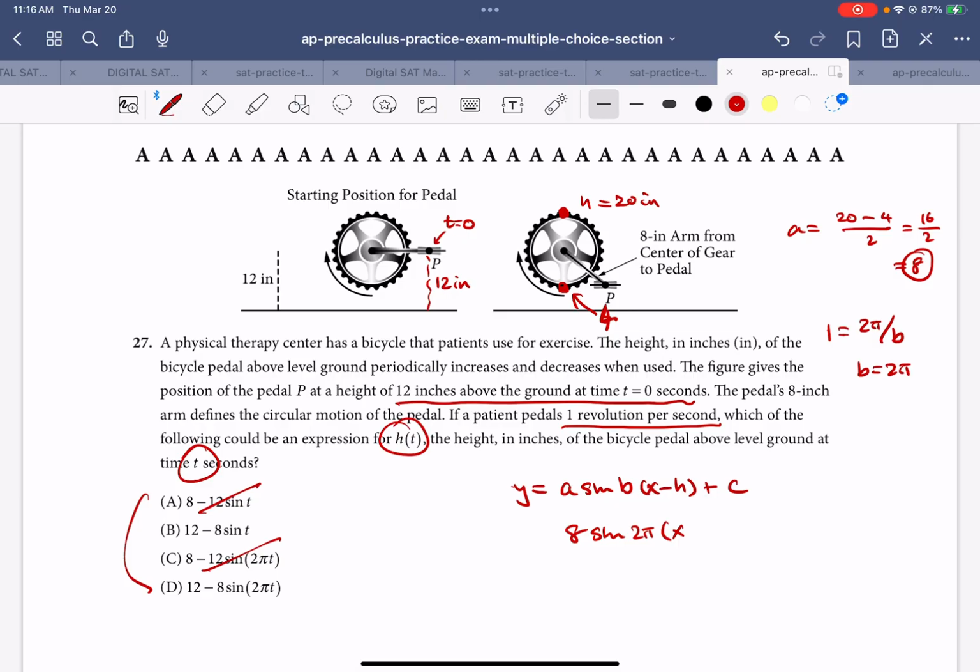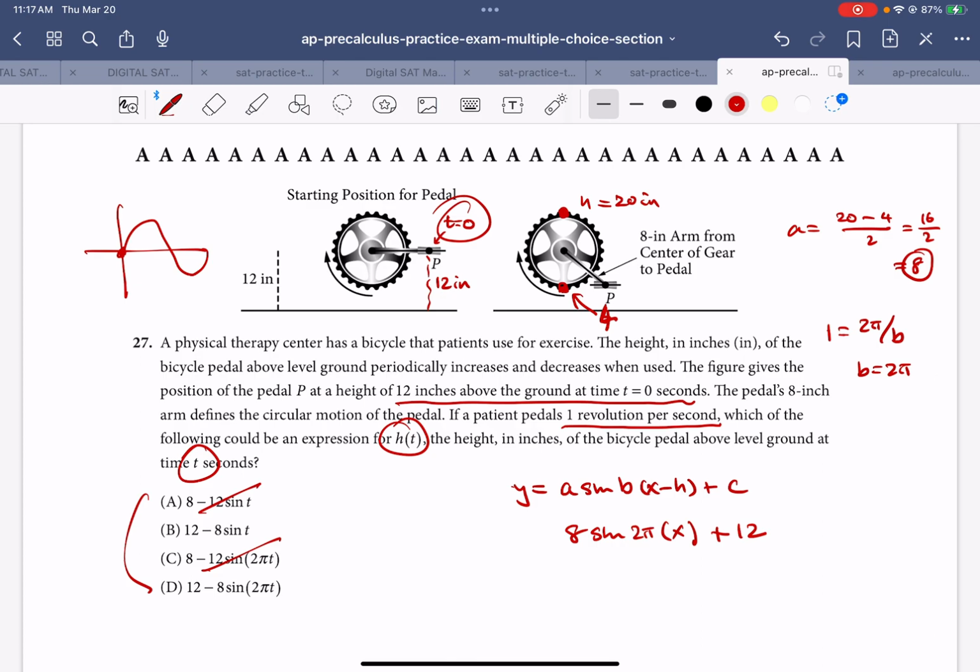They give you a starting point: when t equals 0 it is 12 inches. So sine's starting point is right here, at 0 on the center line, which is 12 inches. So h is 0, you don't need to worry about it. And here, c is above 12 inches, so plus 12.